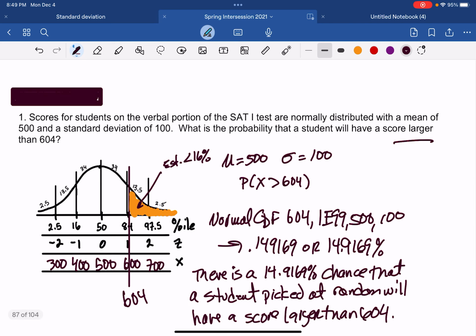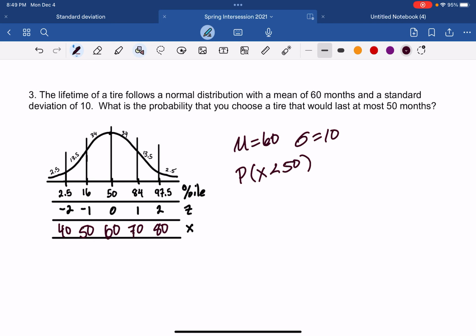And then we go over here and it says, what's the probability that you choose a tire at random that is less than 50 months? Now, here's 50 right here. What a coincidence. And so we want to go below 50, which is this piece right there.